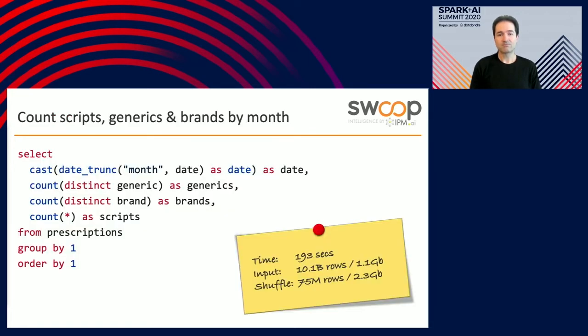So one of the most basic queries we can ask over this data is, what happened to the number of prescriptions, and how many different generic and branded drugs did doctors write prescriptions for per month over some period of time? In this case, the data goes back about 5 years. It's an interesting query because during pandemic times, you don't go to the doctor unless it's really urgent.